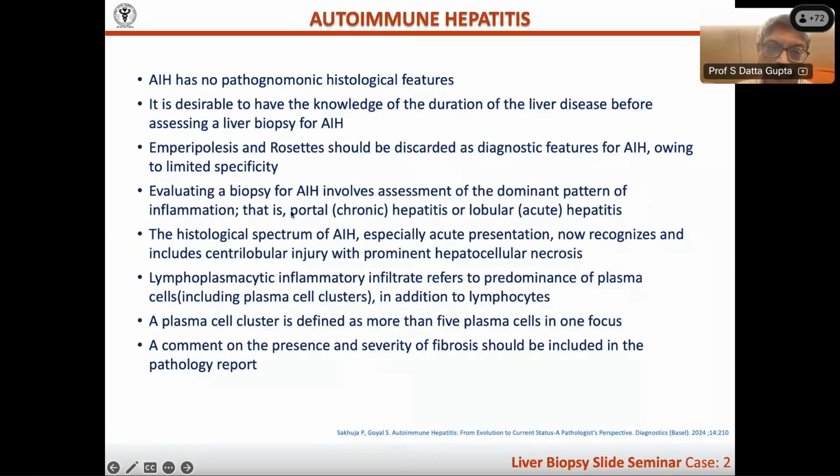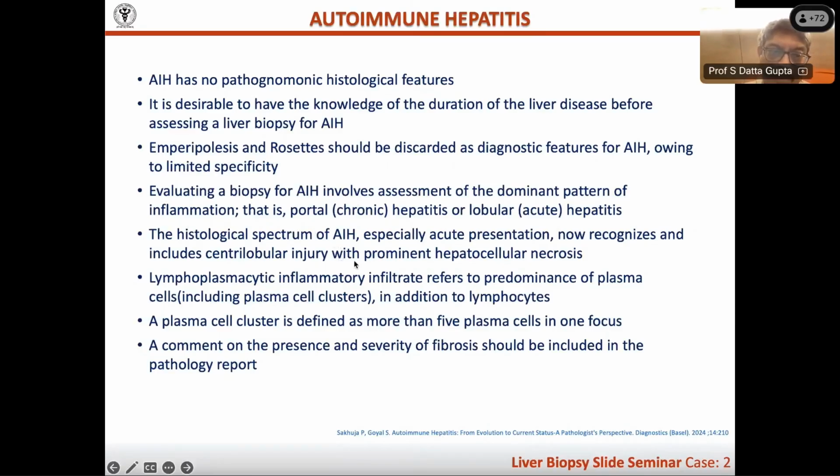Evaluating a biopsy for AIH, you must see whether there is portal hepatitis or lobular hepatitis. The portal features are like chronic hepatitis because you get interface hepatitis, a lot of inflammation. Lobular is like acute hepatitis, you may see ballooning, a lot of inflammation.